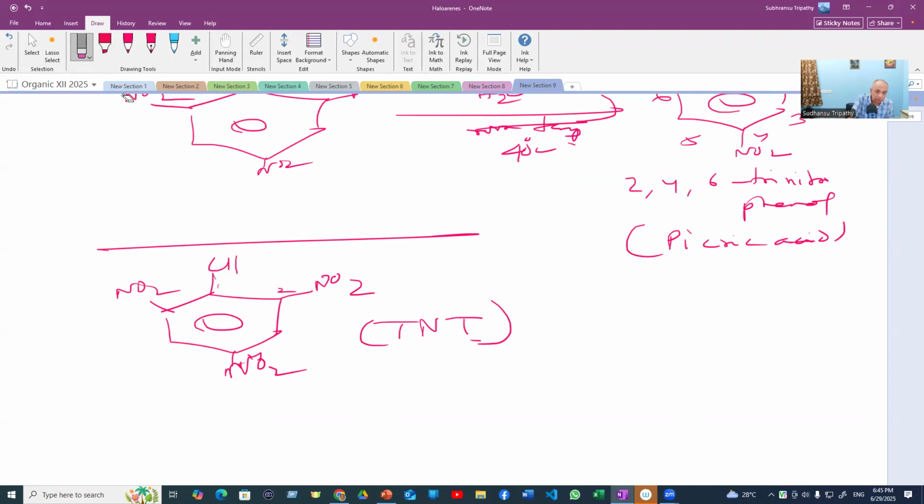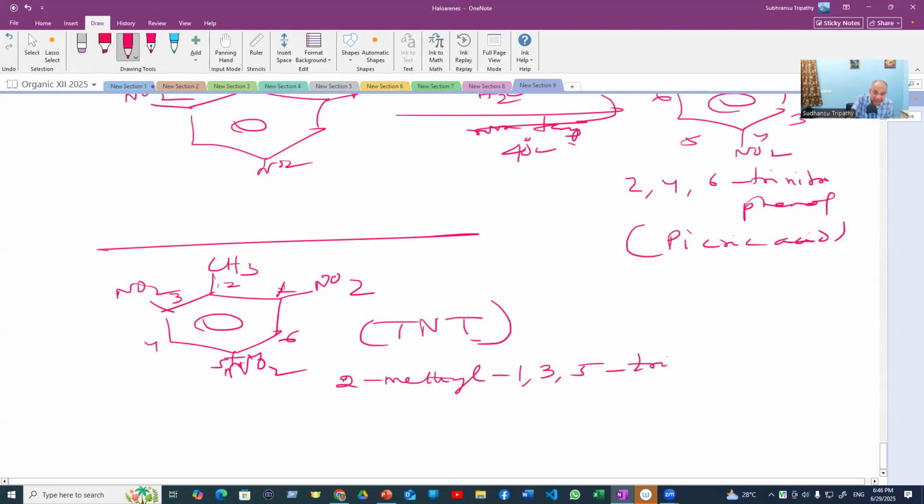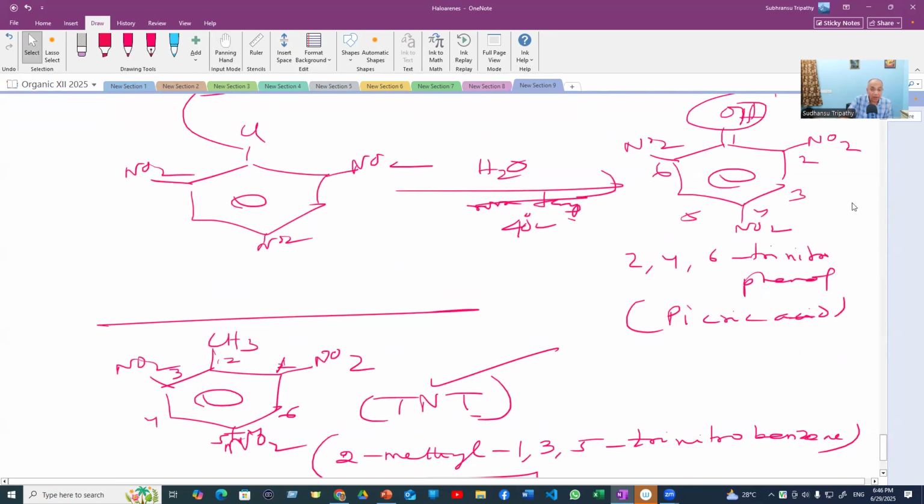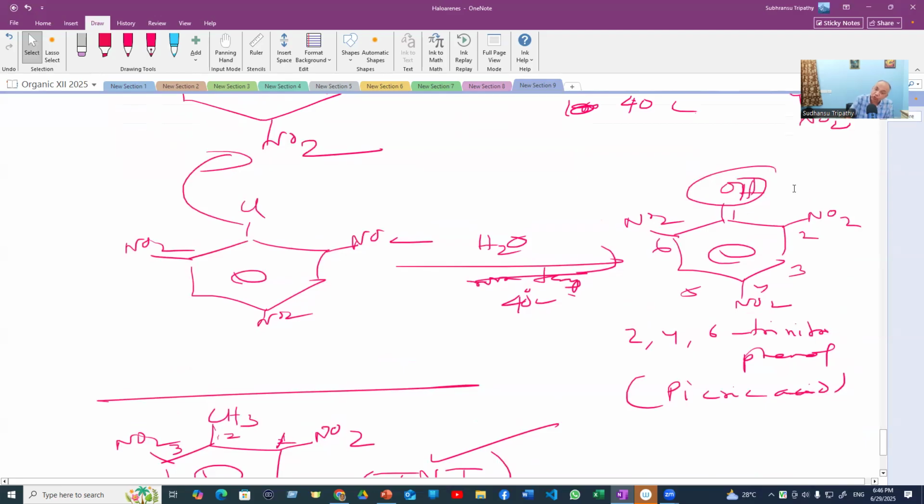The lower set of locants rule will not be valid. Start from here, 1, 2, 3, 4, 5, 6. This will be really called 2-methyl, M comes first, then 1,3,5-trinitrobenzene. As you know, this is the IUPAC recommended name, called PIN, preferred IUPAC name. But the popular name is TNT. But for phenol, popular as well as IUPAC is 2,4,6-trinitrophenol, whose commercial name is picric acid.